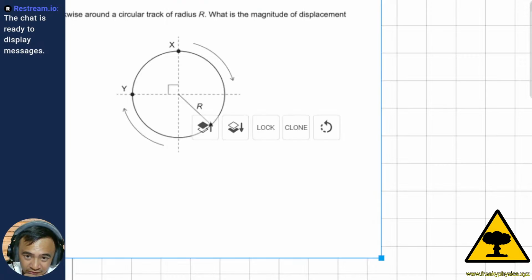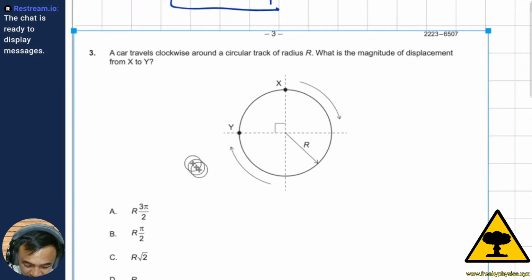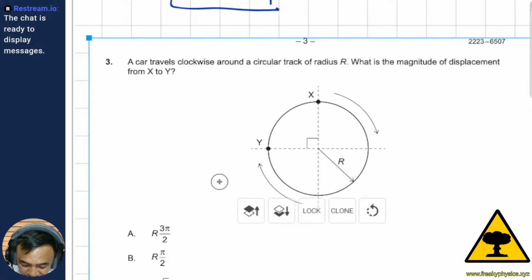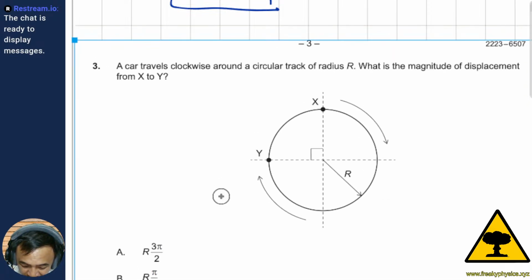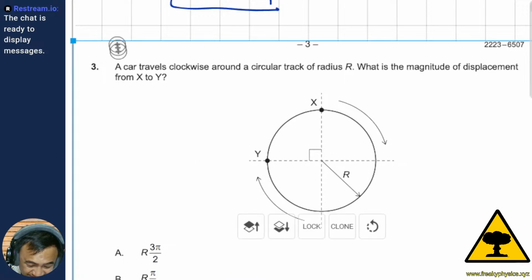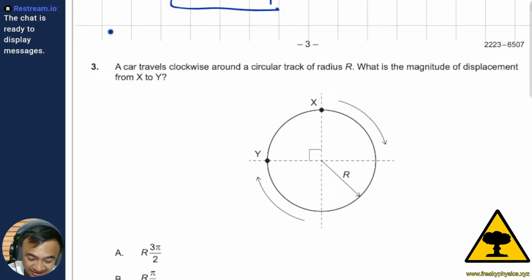Here we go. So you have a car traveling clockwise around a circular track of radius r. We're just looking for the magnitude of the displacement from x to y. Now, it may seem tricky, but it's actually easy to remember if you remember that displacement is always start to finish only, right?